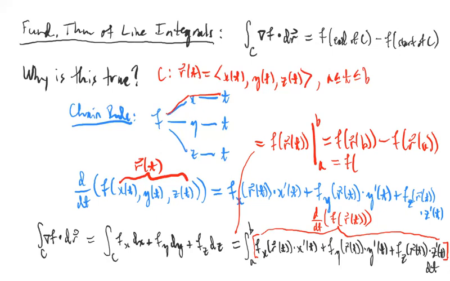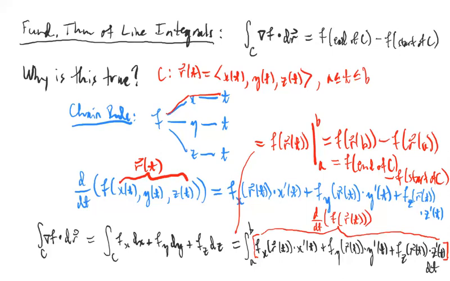So this is little f evaluated at the end of c minus little f evaluated at the start of c. I think that's pretty cool. What we just showed was that the chain rule tells us that complicated mess is really just the derivative of that simple thing with respect to t. You just have to think it through.